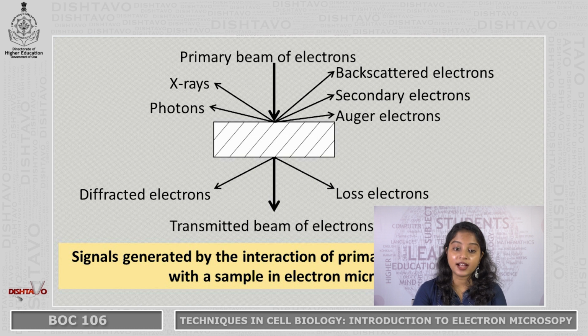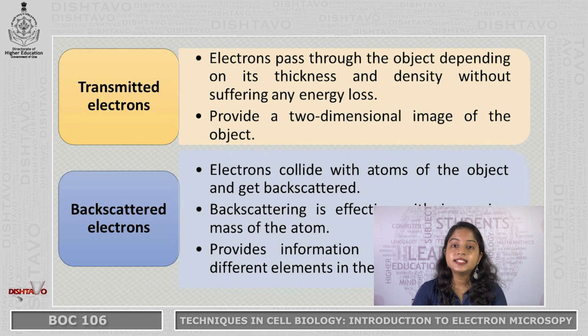We also have diffracted electrons and loss electrons. Now, there are backscattered electrons, secondary electrons, Auger electrons, X-rays and photons. Now, the secondary electrons, backscattered, Auger, photons and X-rays are used in scanning electron microscopy. These are the details of the signals generated.